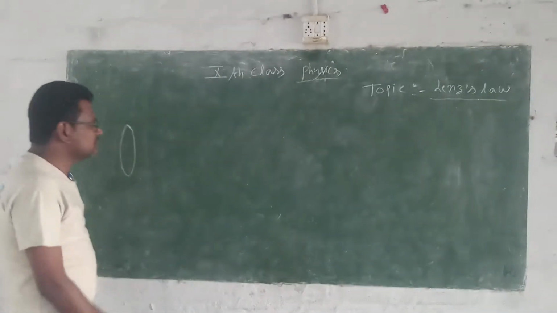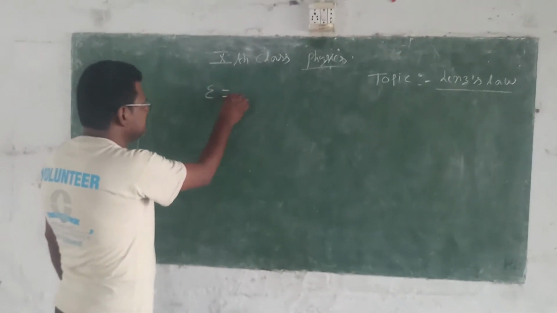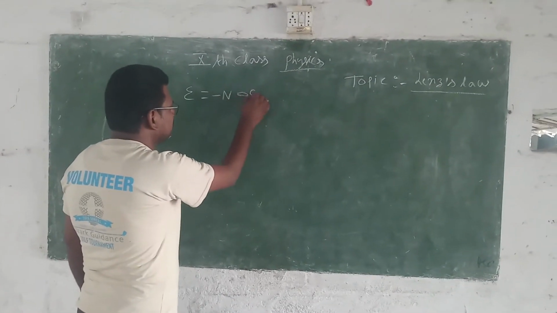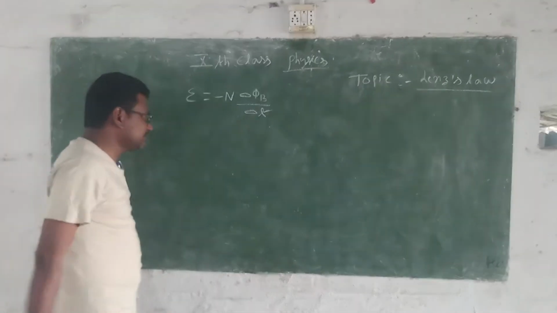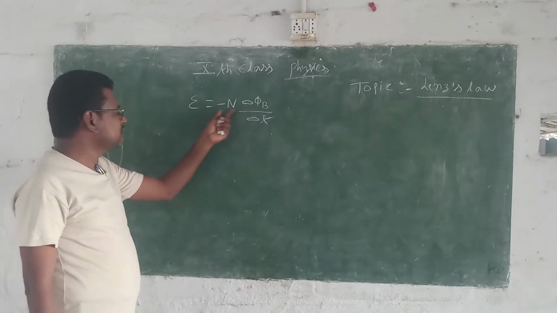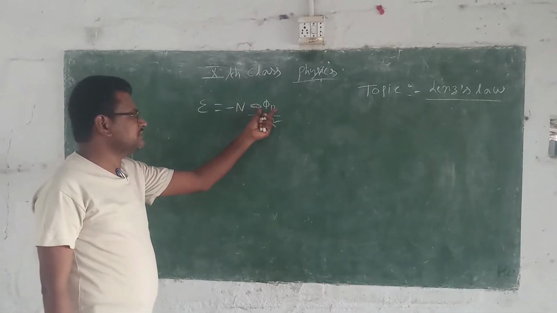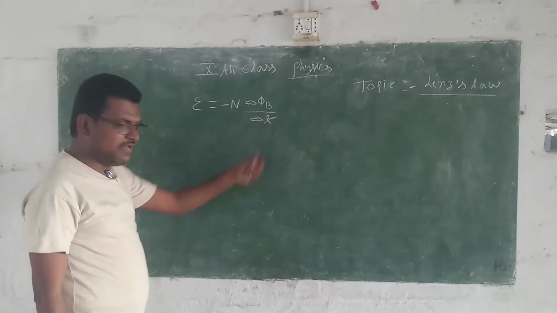We can write E equals minus N into delta phi suffix B by delta t. Here N is the number of turns in the coil, E is the induced EMF, and delta phi suffix B by delta t is the rate of change of magnetic flux.